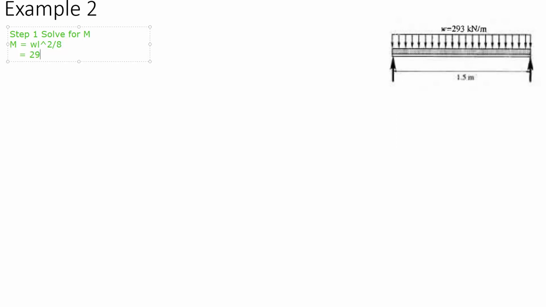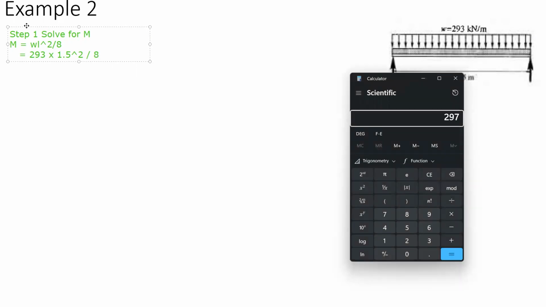This is 293 times 1.5 squared divided by 8. You have 83.531 kilonewton meter.